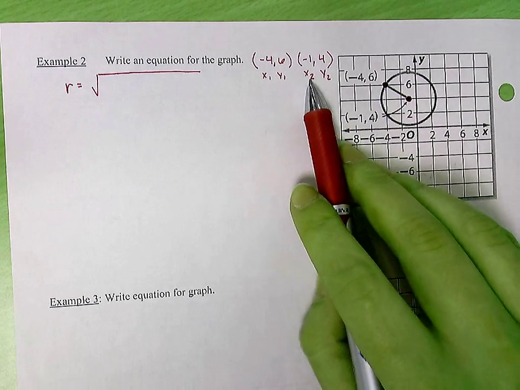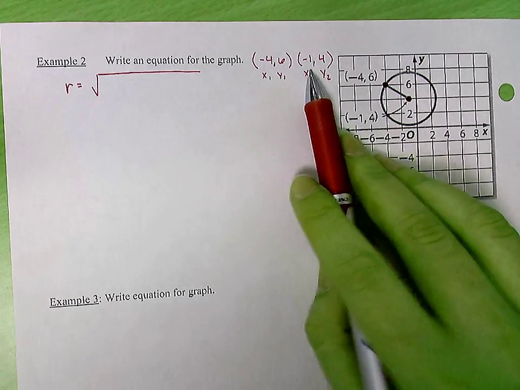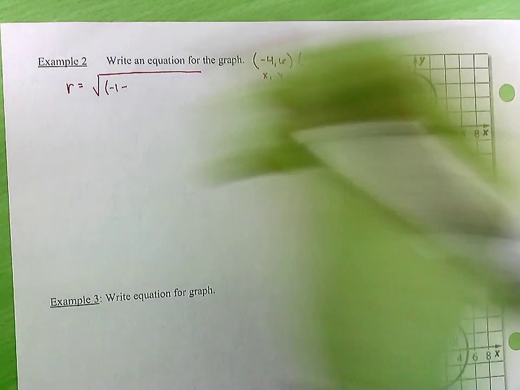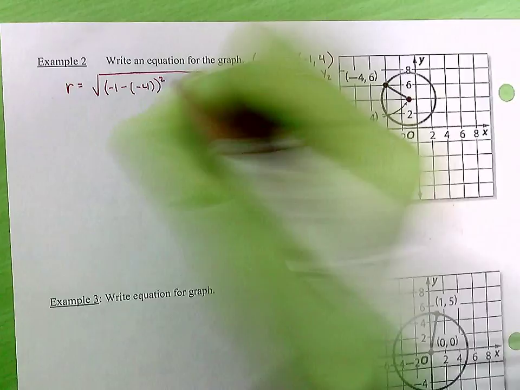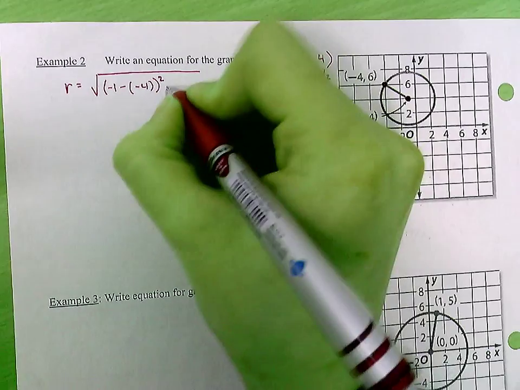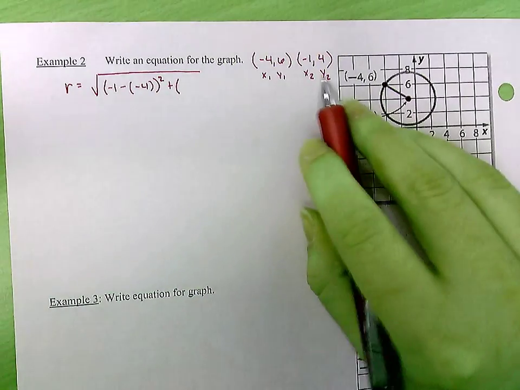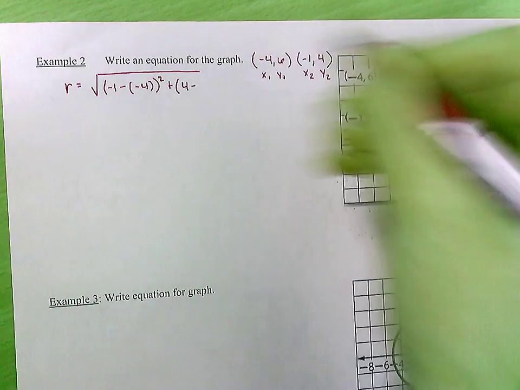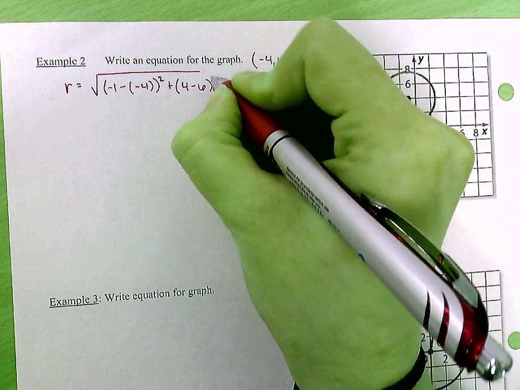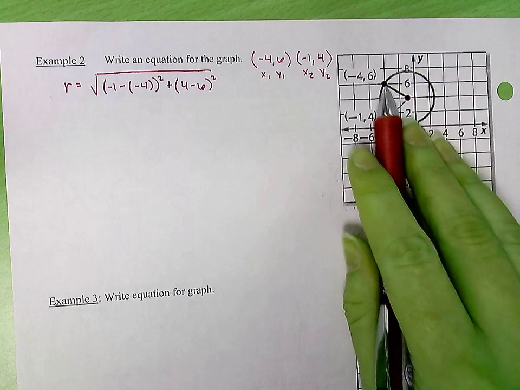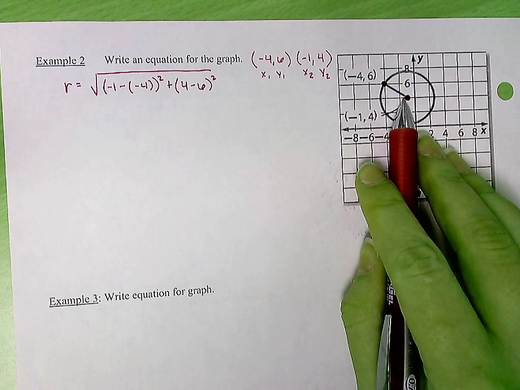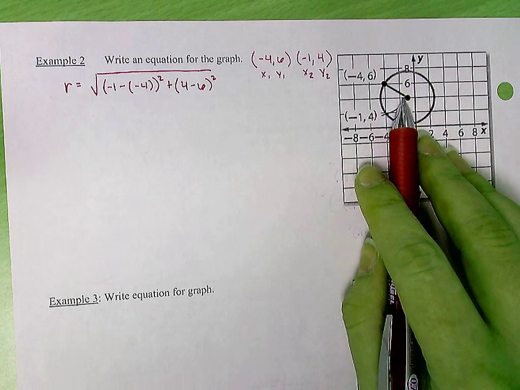So I can take x sub 2, negative 1, minus x sub 1, negative 4, square that, plus y sub 2, which is 4, minus y sub 1, which is 6, and that quantity is also squared. Again, we're finding the distance between those two points so that we can find the radius length.